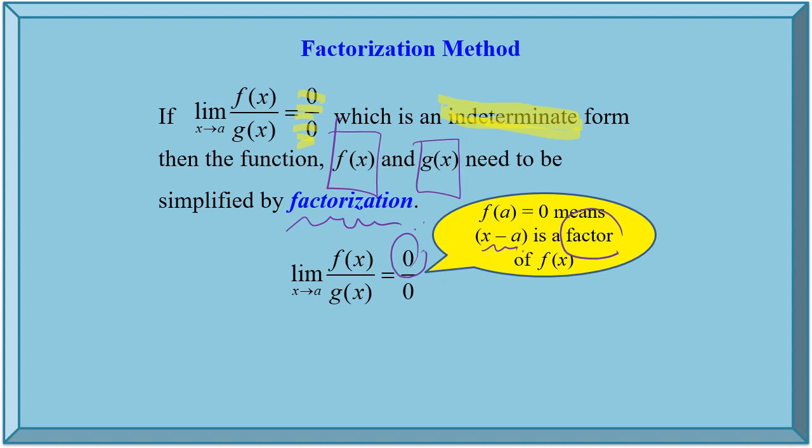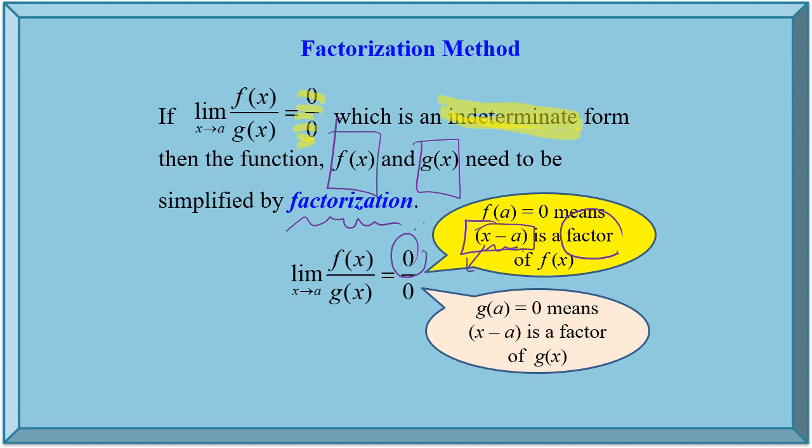So if it's a factor, we can factorize. We do the factorization and simplify by finding the remaining quotient from the factor x minus a, because we will have remainder 0. So we can apply the polynomial concept in this type of situation.